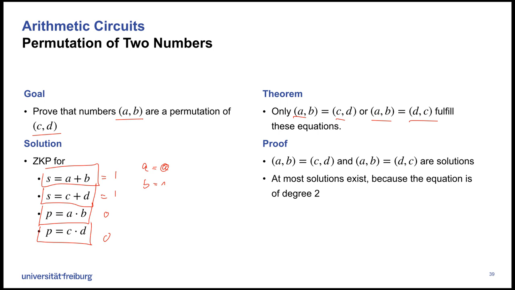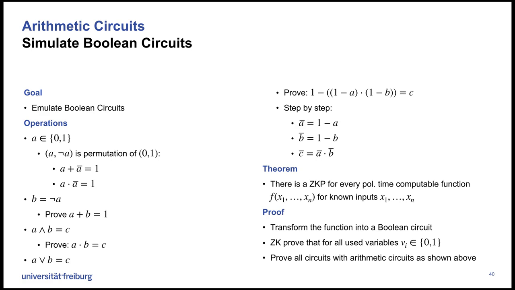So it works also for 0. And for 0, 0 it also works. So, okay, that's an exercise you can do, but you can see that this is the case because if you write down the equation, there's only one way, two ways to solve it. Now let's do Boolean circuits.